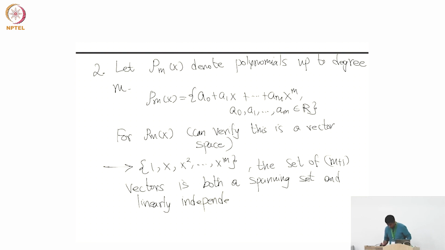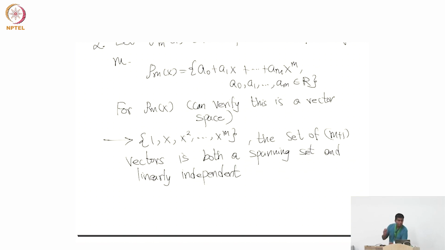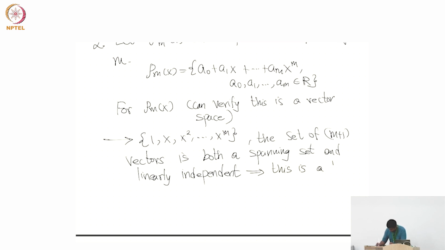Of course these need to be verified, but I'm not going to show the formal proof in any detail. You can try this out as an exercise. But any vector space will have many bases.